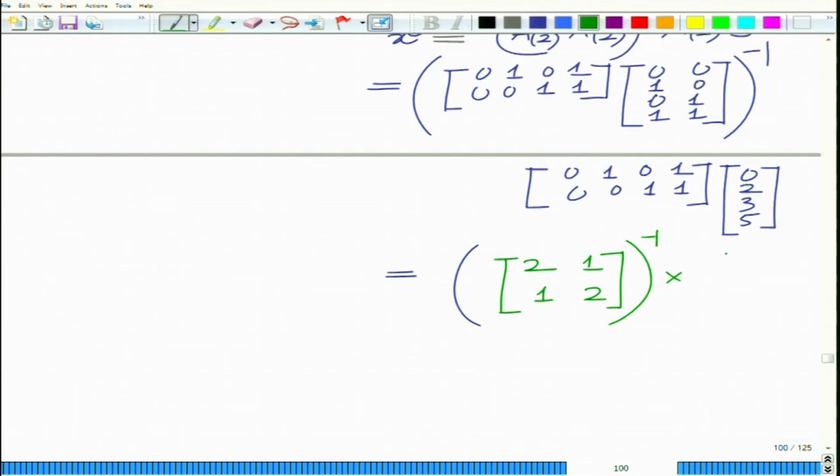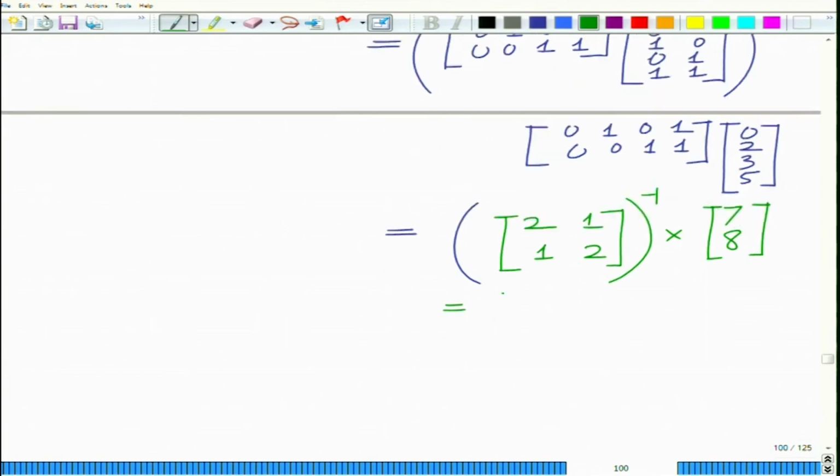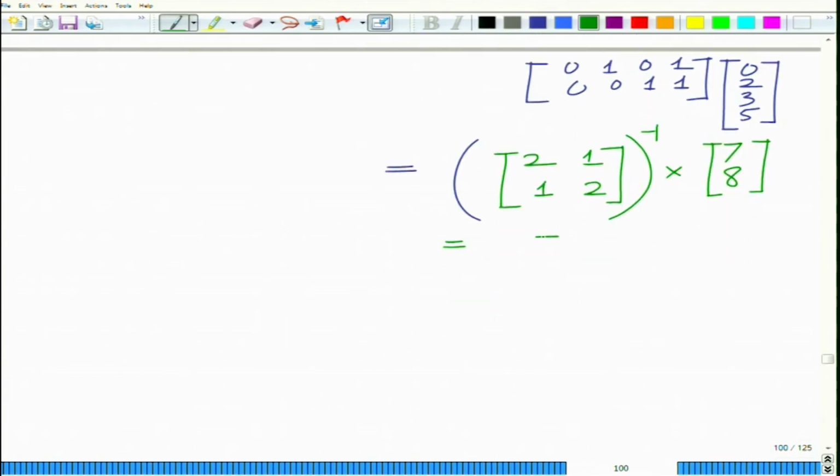that will be basically 7 8, and the inverse of this 2 cross 2 matrix is very simple. You interchange the diagonal elements, which are the same, negate the off-diagonal elements, and you divide by the determinant, 1 by 4 minus 1, which is 3, times 7 8.